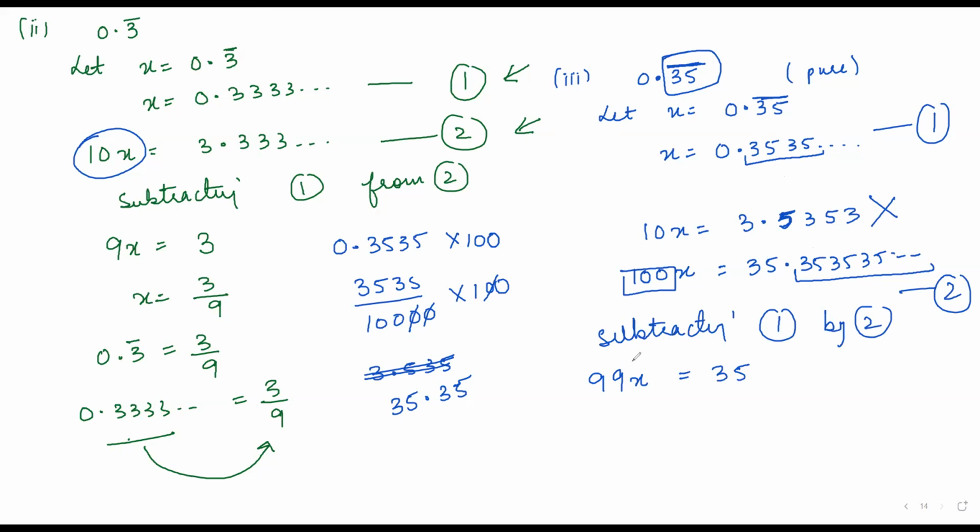So I want to get a pure number, without decimal, on this side. So my x will become 35 divided by 99. Or you can say my 0.35 recurring decimal is now 35 upon 99. Is this point clear to everyone? Adil, any problem here? No. Okay, let us take one more example.